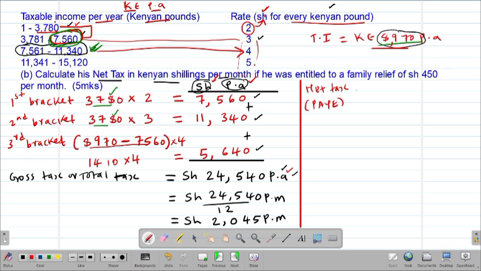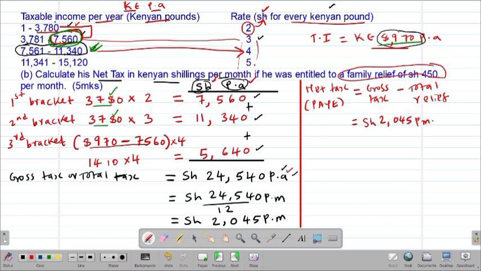So the net tax or the PAYE is always given by, you take the gross tax minus total relief. Of course, in this case, we are only given one relief, which is a family relief of 450 shillings. So the gross tax was 2,045 shillings per month, then minus our total relief, which was 450 shillings per month.